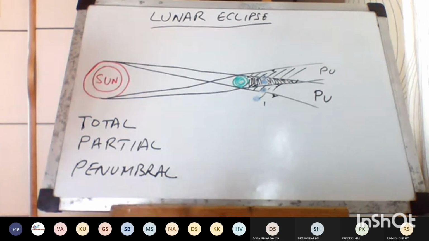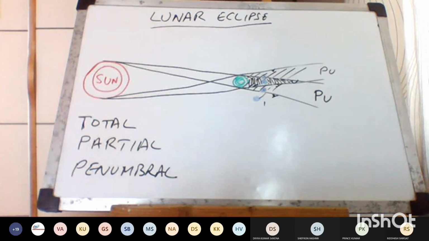So I'm sure most of you have seen lunar eclipses also. Let us find out the conditions of eclipse, and let us also find out what are the different types of eclipse. What does the diagram tell you?